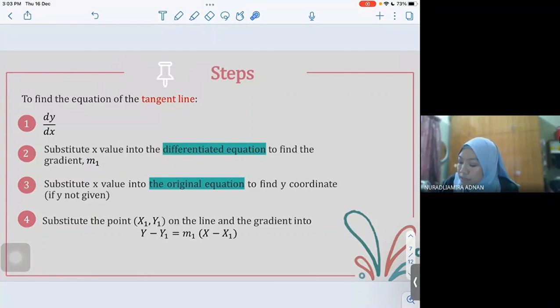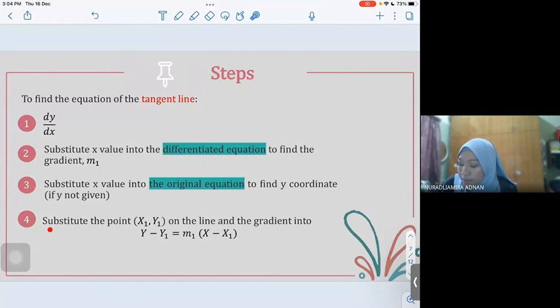The third step is to substitute the x value into the original equation. If the question gives you the equation of the curve, you need to substitute x into the original equation, then find the y coordinate if y is not given. But if y is given, please skip step 3.